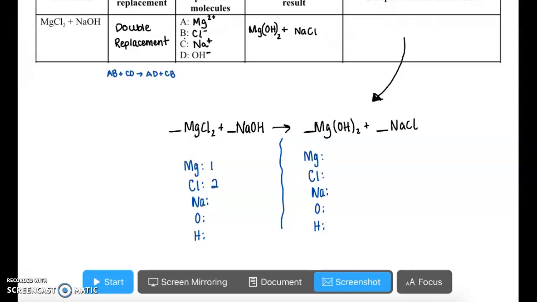Counting them up. I notice I have a few things that I need to change here, so I'll start to play with my coefficients. Always updating that atom inventory afterwards.